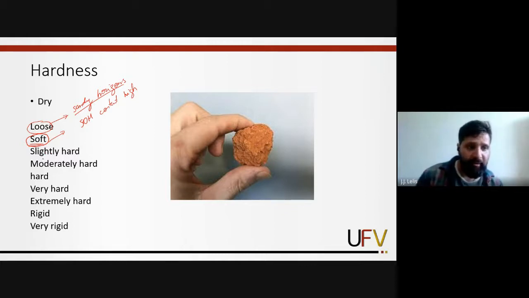Materials that have a slightly hard or moderately hard consistency generally are rich in 1-to-1 or oxide minerals. Okay, so they are deeply weathered soils.